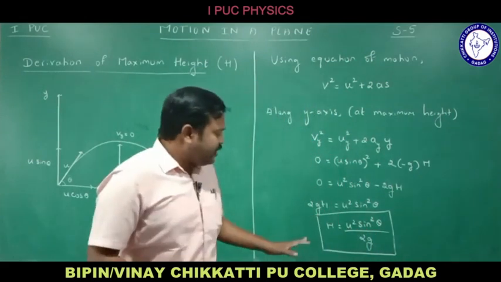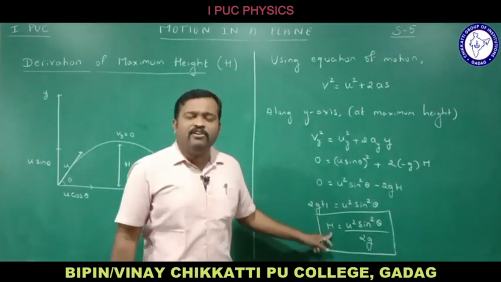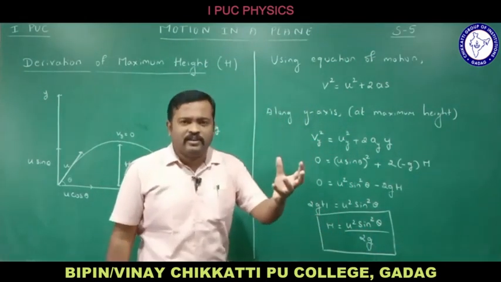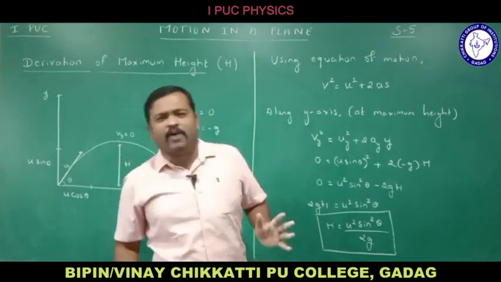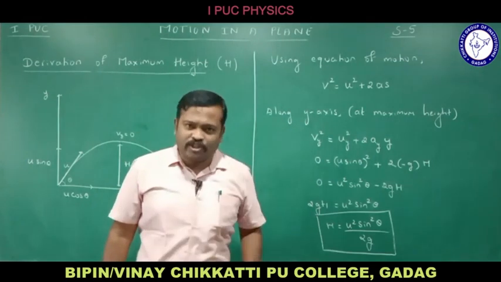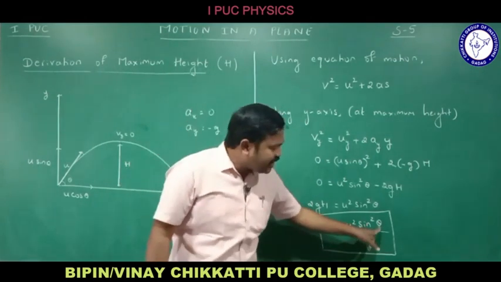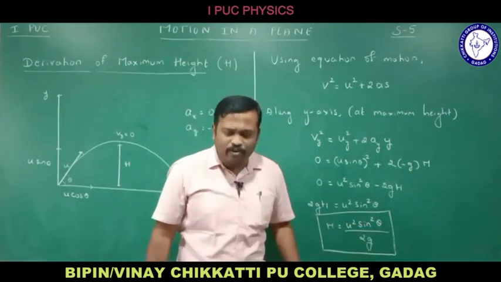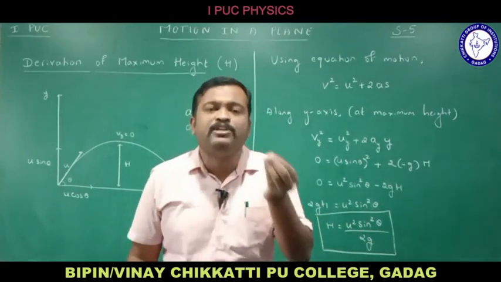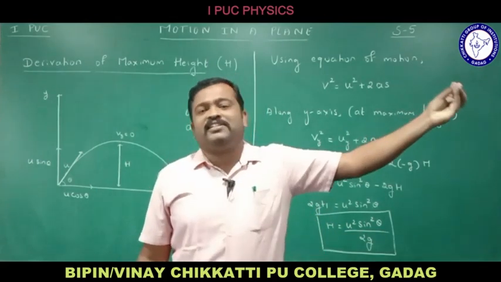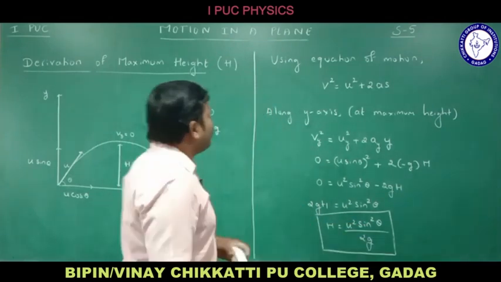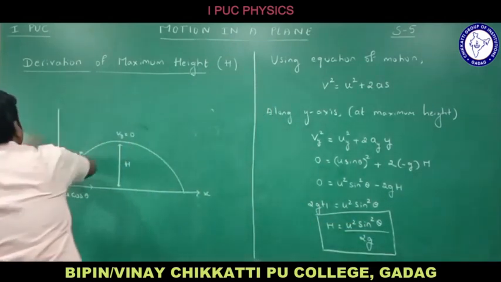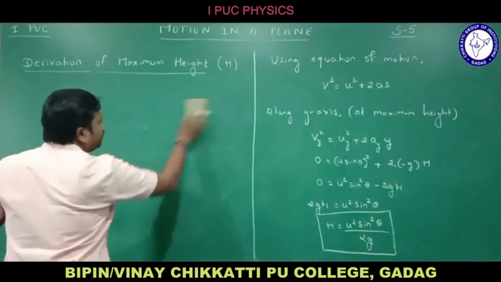Now, as usual, when will be the maximum height of any projectile? If you want to throw an object for a maximum height, at which angle do we need to project it? I already told you, maximum and minimum depend upon the trigonometric function present in that equation. What is the trigonometric function here?